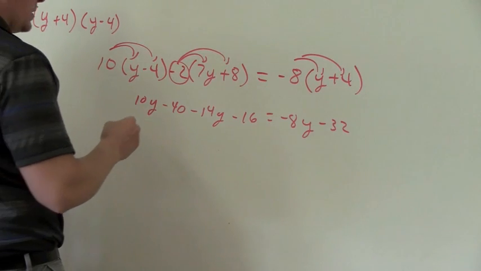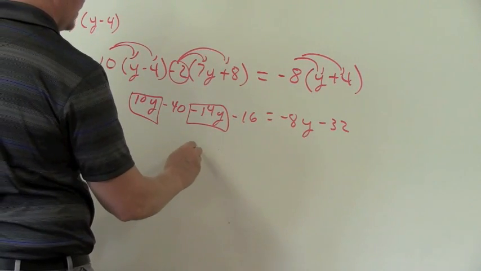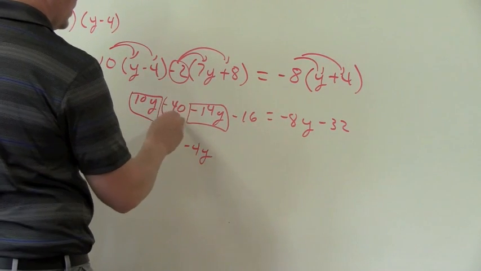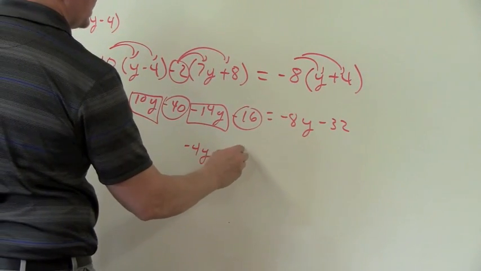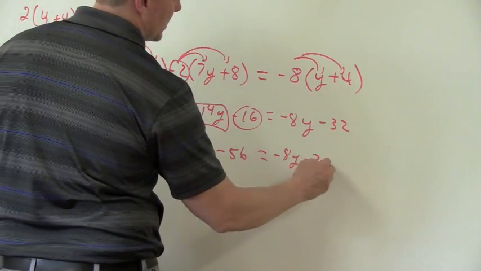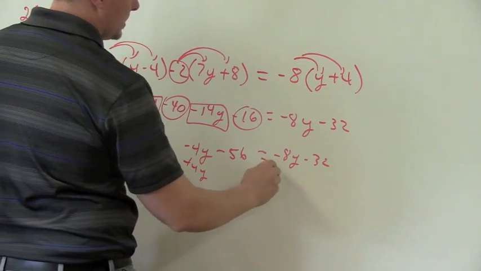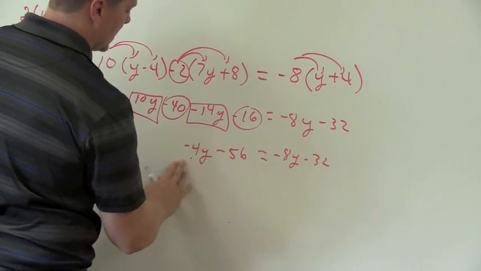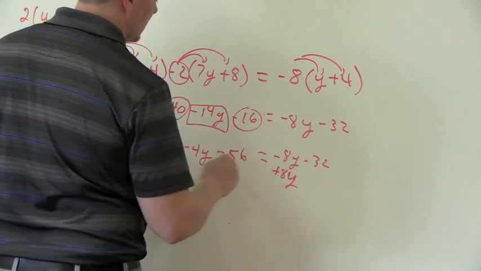Now we can combine like terms. This and this gives me negative 4y. This and this gives me negative 56 equals negative 8y minus 32. Add the 8y to both sides.